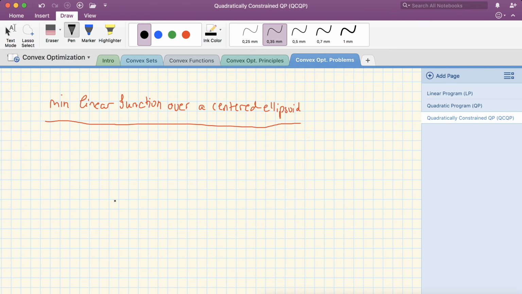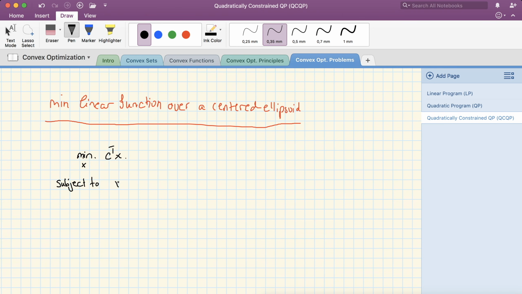So now, let's formulate the problem. First, let's minimize a linear function. So the following is a linear function, c transpose x, right? We're minimizing over x, subject to a centered ellipsoid. So how do we represent mathematically a centered ellipsoid?